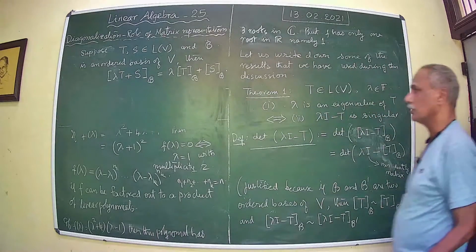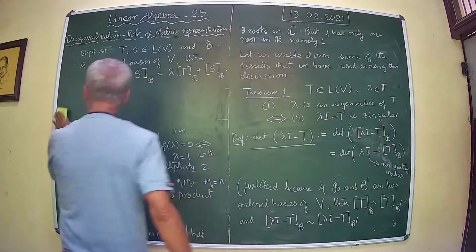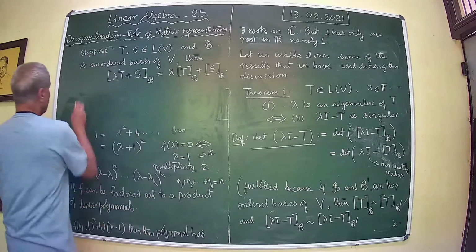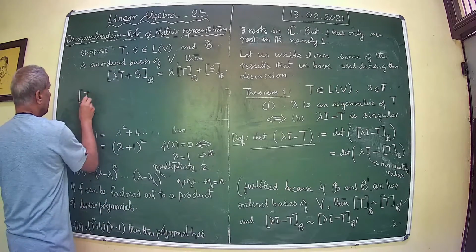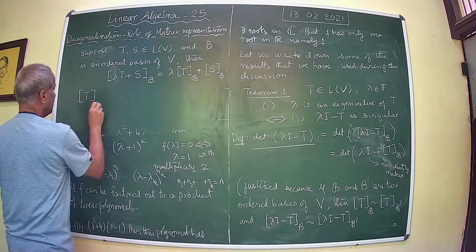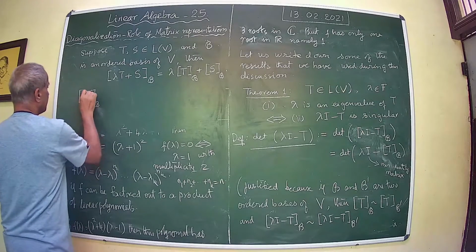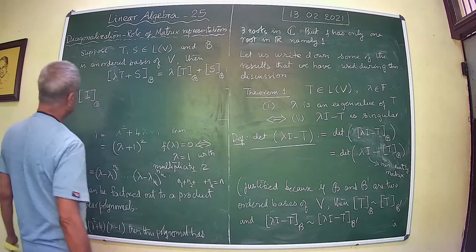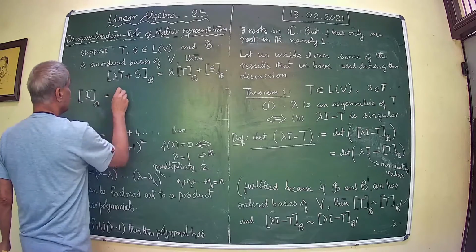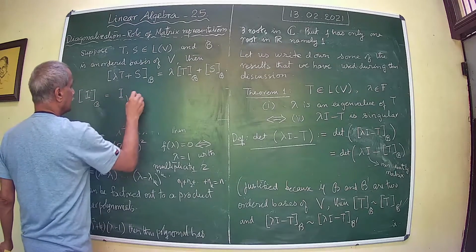So we make use of this. Now you know that for any ordered basis B, the representation is I with respect to B.